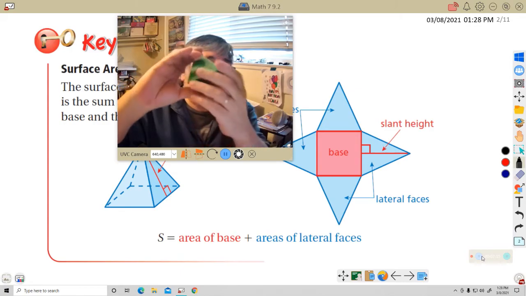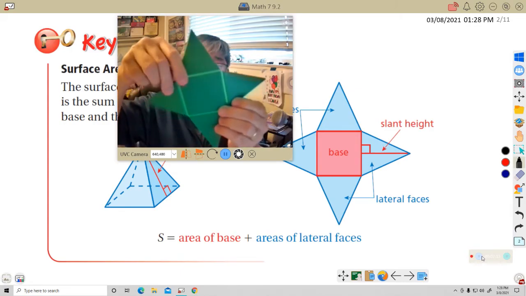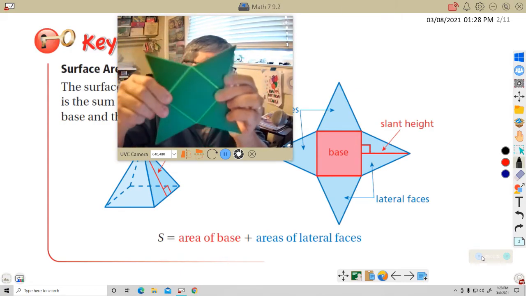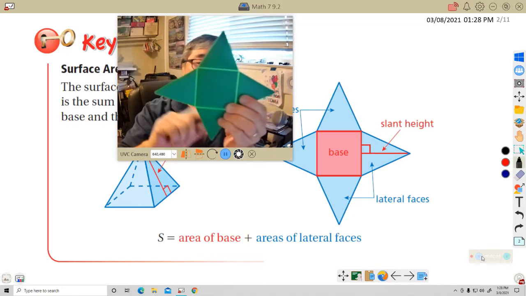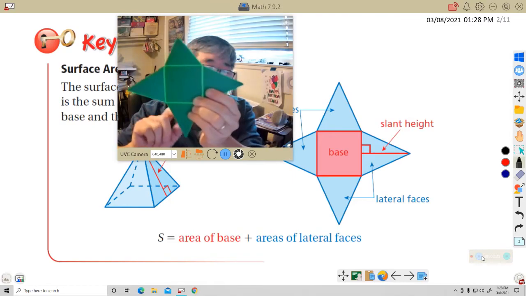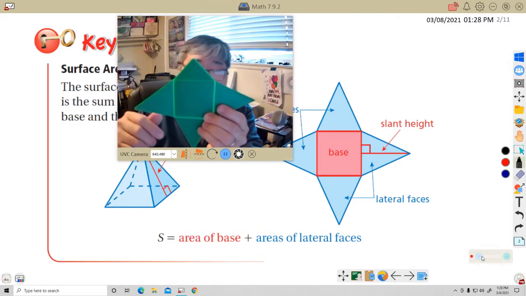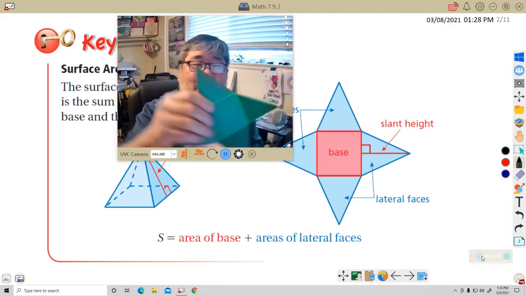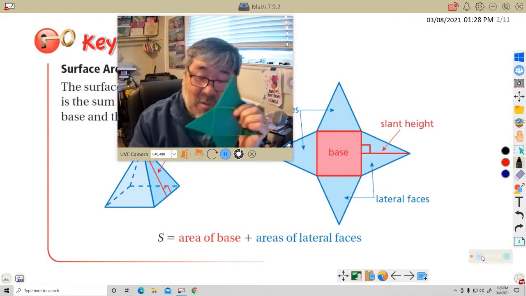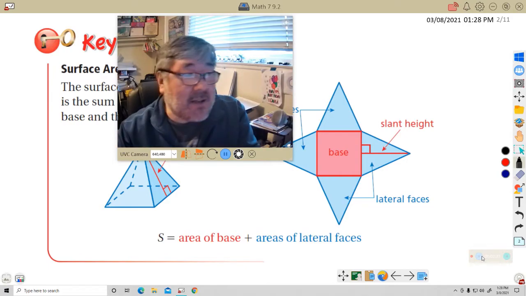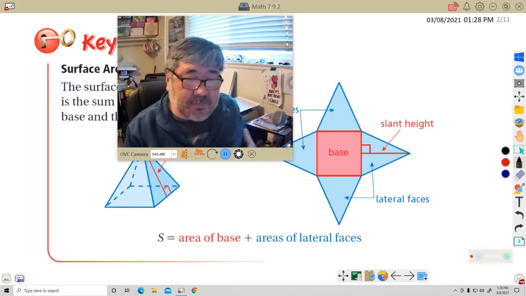When I unfold it, it kind of looks like a star or a ninja throwing star or something. So you see my square base, and then I have four identical lateral faces in this case. And the slant height is this height here, because that is how we're going to figure out the area of that particular face.